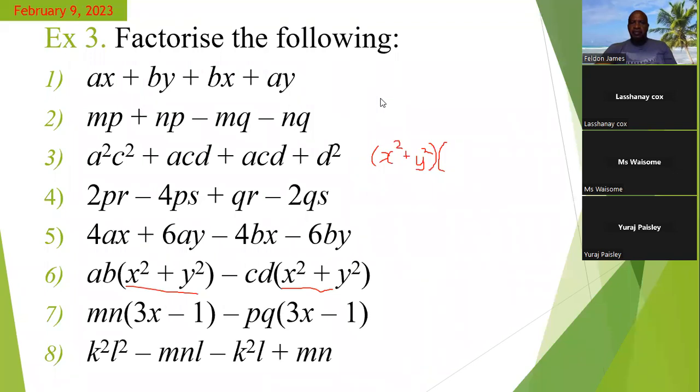And then now we are going to divide all of this by the x squared plus y squared. So that is going to cancel out the x squared plus y squared. This will cancel out with this. The AB. So we put AB in the bracket.